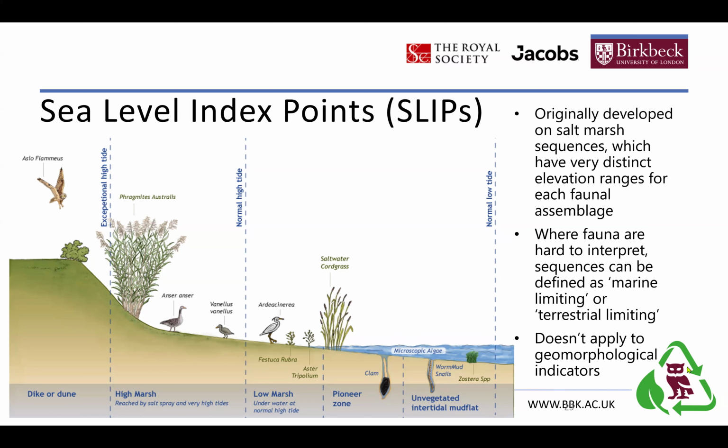So this worked really well looking at sea level in the Holocene. But when people started wanting to go further back in time, they realized that it didn't apply to geomorphology. And the geomorphology is what we're using to estimate these former high sea level events that are earlier than the Holocene.